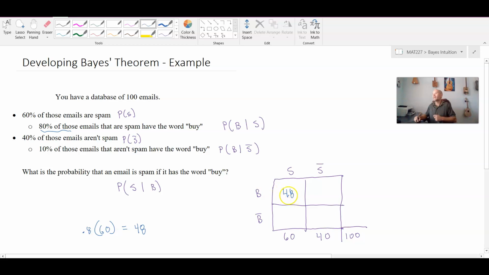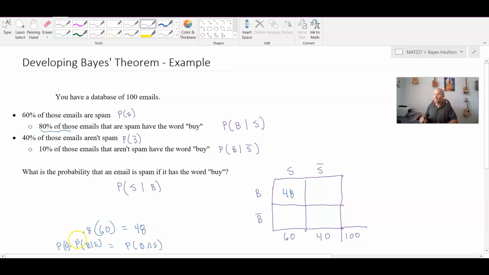Now notice that the way we obtain that number is by taking the probability of S, well, at least the whole number variant of it, and multiplying it by the probability of B given S. So we've just constructed an AND probability by taking the probability of B given S and multiplying it by the probability of S. And that gave us the probability of B and S. And that was the 48.